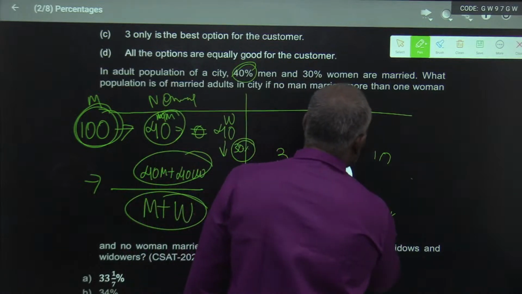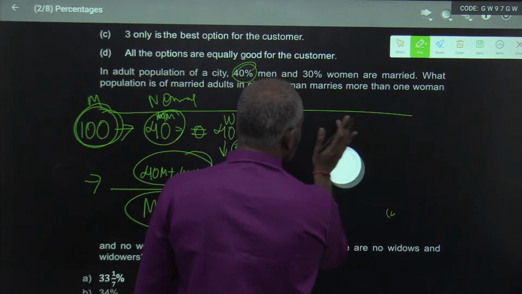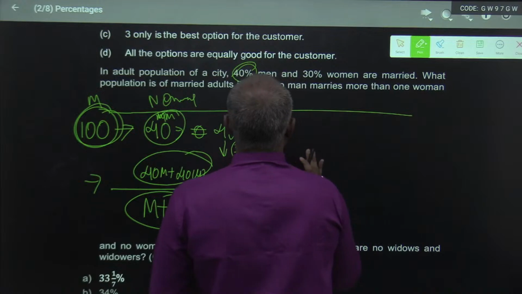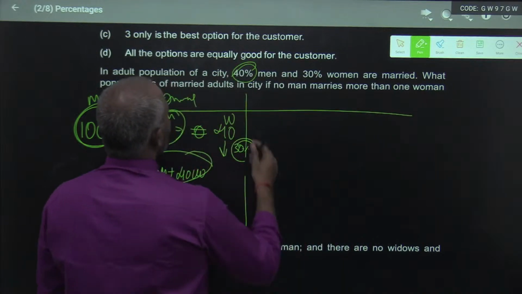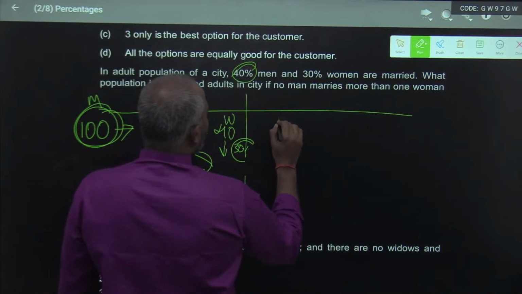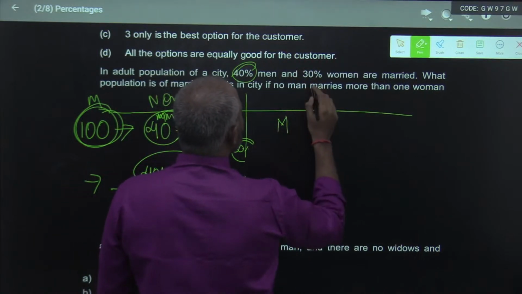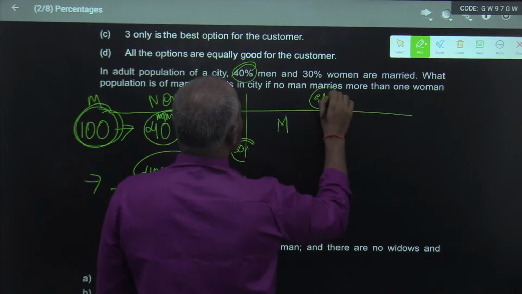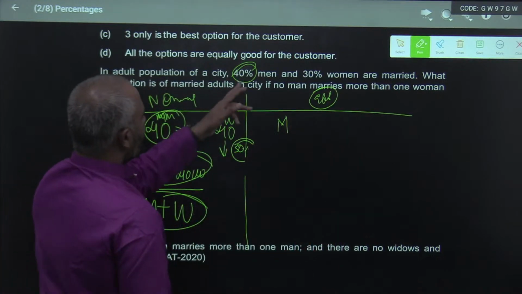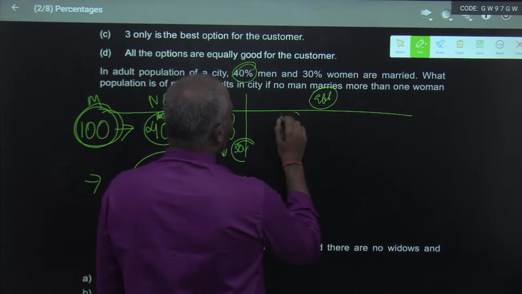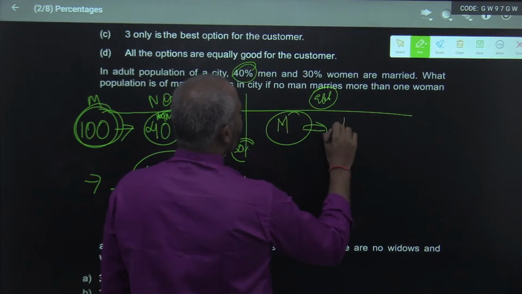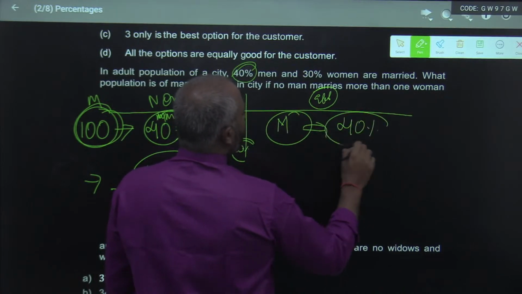That is why I tell you, whenever you want to assume a value, choose one that is divisible. You see how the problem is progressing. For an efficient way, you will assume the initial value such that, out of the total men, he is giving 40%.